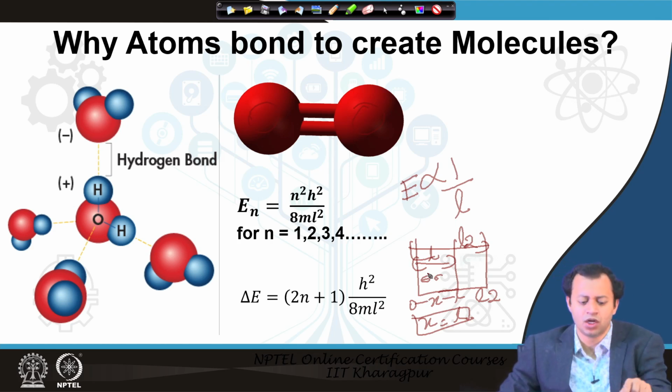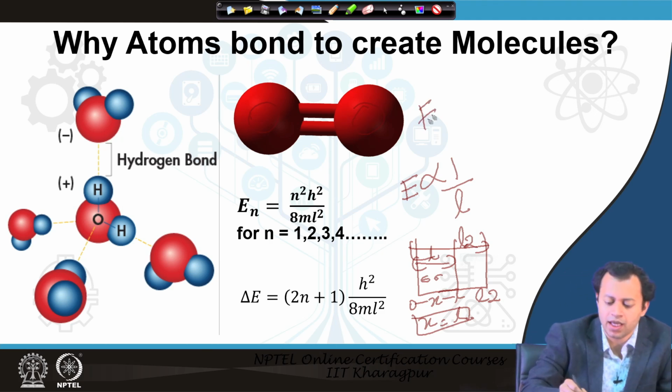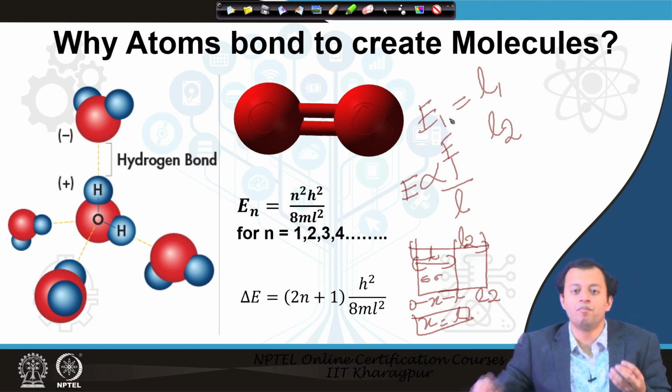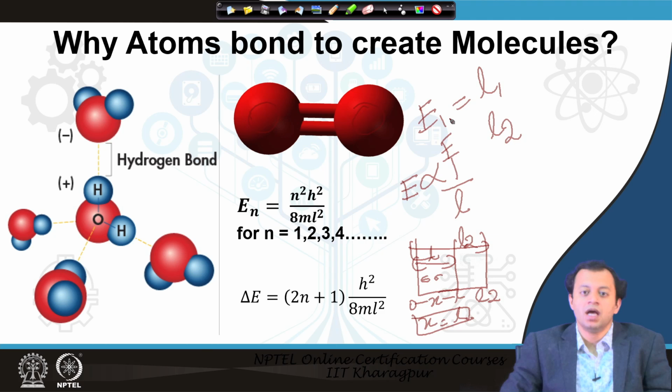Now, previously the lowest energy state E1 was for a particular L1, but now since L1 has increased to L2, E has reduced. So, there is a compelling reason for atoms to form bonds.